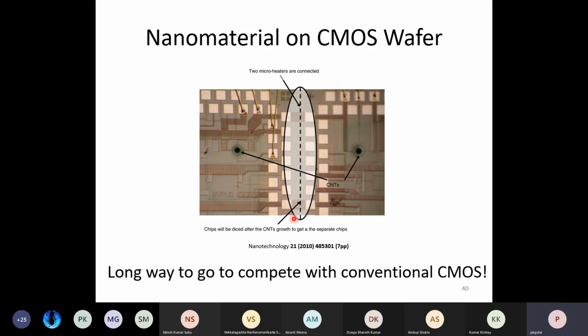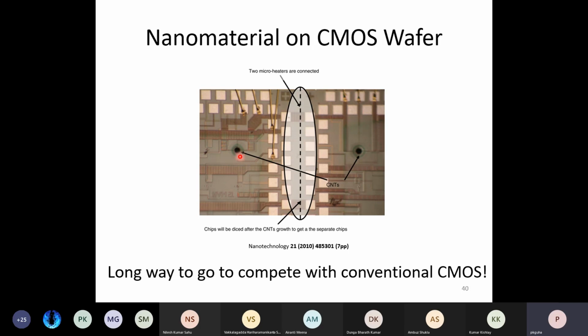So in a CMOS wafer, we make carbon nanotubes on the silicon wafer. Then you can dice or cut the wafer to separate chips. These are bond pads, where you can bond the wires to the package and access from outside.